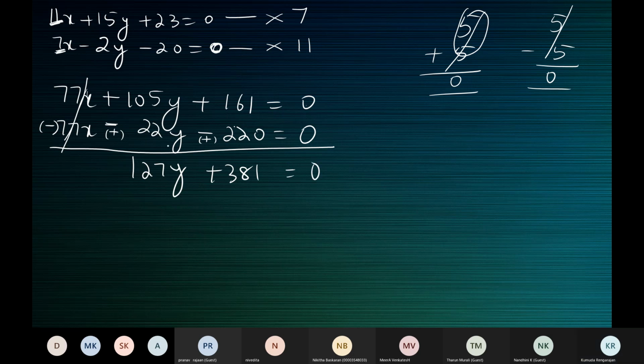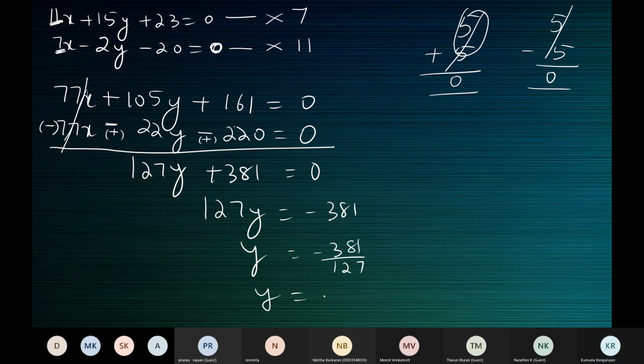So see, now we don't have x. We have eliminated x. We have only one variable y, and we can solve this and find the value of y. So 127y is equal to minus 381. y is equal to minus 381 divided by 127, minus 3. Please check if it is minus 3.